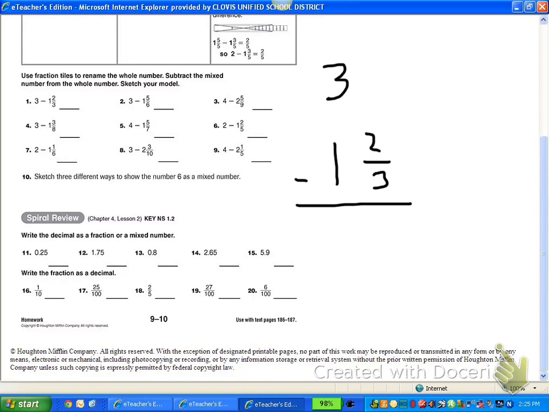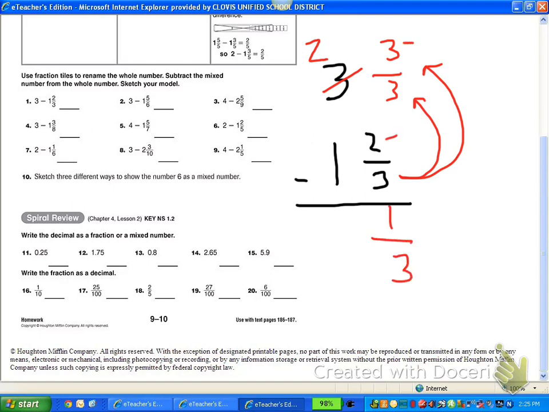So I'm going to take 1 away from the 3, make that a 2, take my denominator, and it's going to become my new numerator and denominator for the new fraction. So 3 minus 2 is 1. Denominator stays the same. 2 minus 1 is 1. 1 1/3.